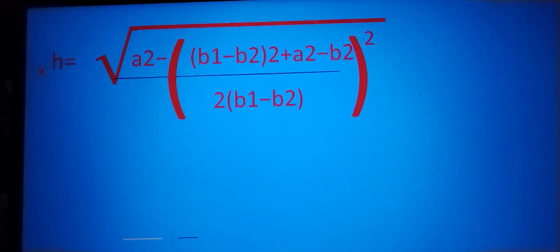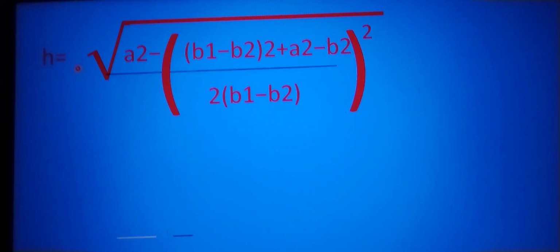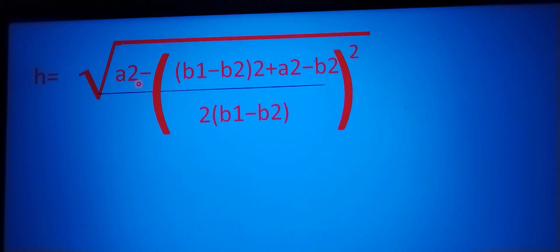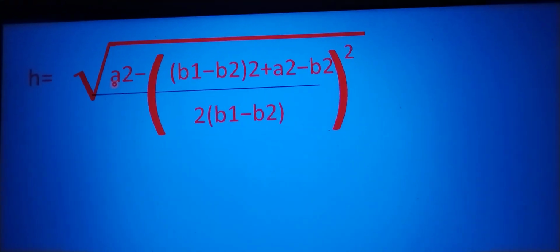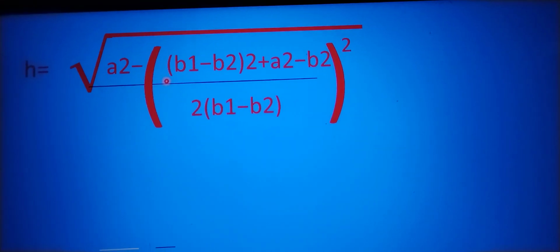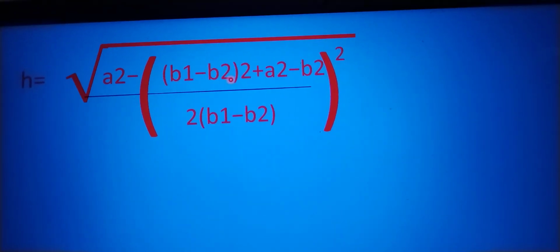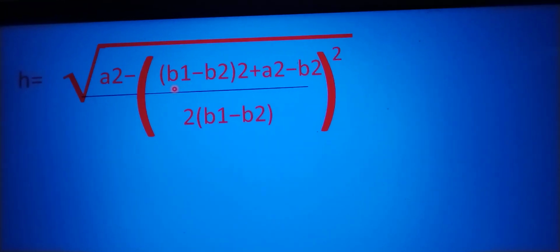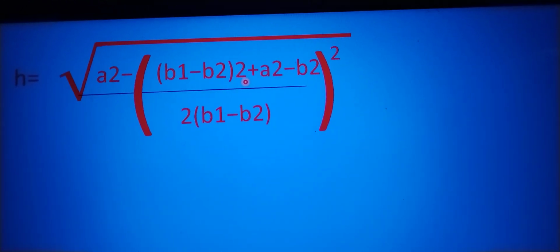As we can see here, height, or H, is equal to a radical, then A squared. As I already told you, the legs are called A and B, so A squared, which means one of the legs, minus, in a bracket, there's another bracket that says B1 minus B2, which means base 1 minus base 2. We close our bracket, and the result in here will be squared.